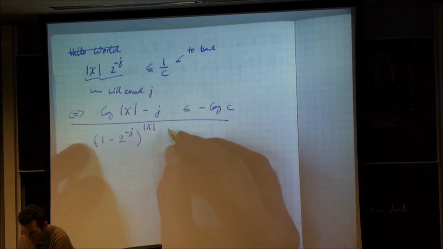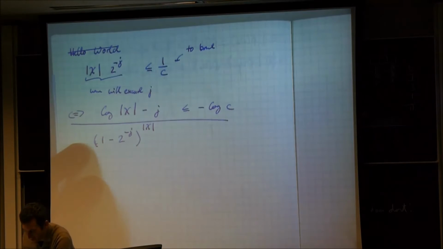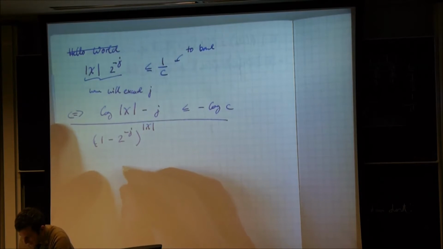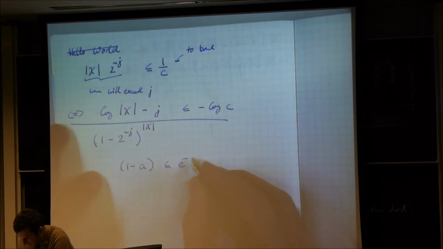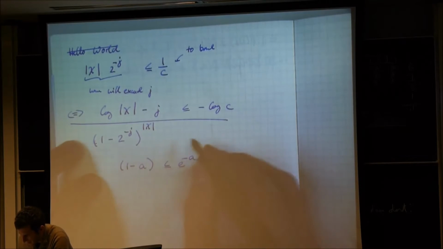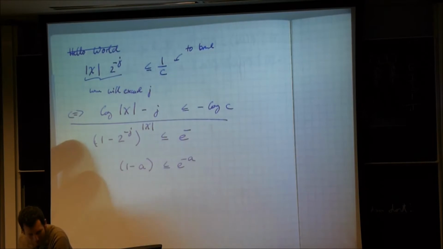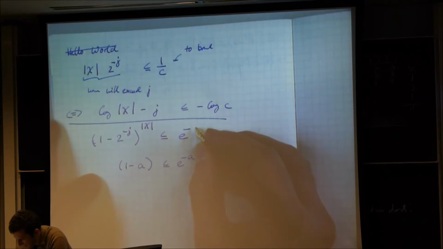Well, basically I have to raise it to the power of x because I'm invoking it x times. And then I just use the fact that 1 minus a is less equal than e to the minus a. So this is therefore less equal than e to the minus, so see there's a typo here, 2 to the minus j.